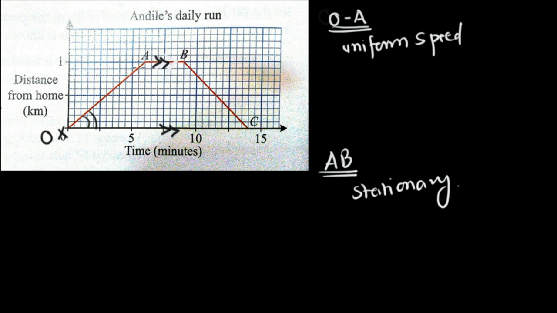O to A is from my home to some garden, where I rested for a while, and then I came back. B to C is the return journey from the garden to the home. So from B to C, it's moving again at uniform speed.